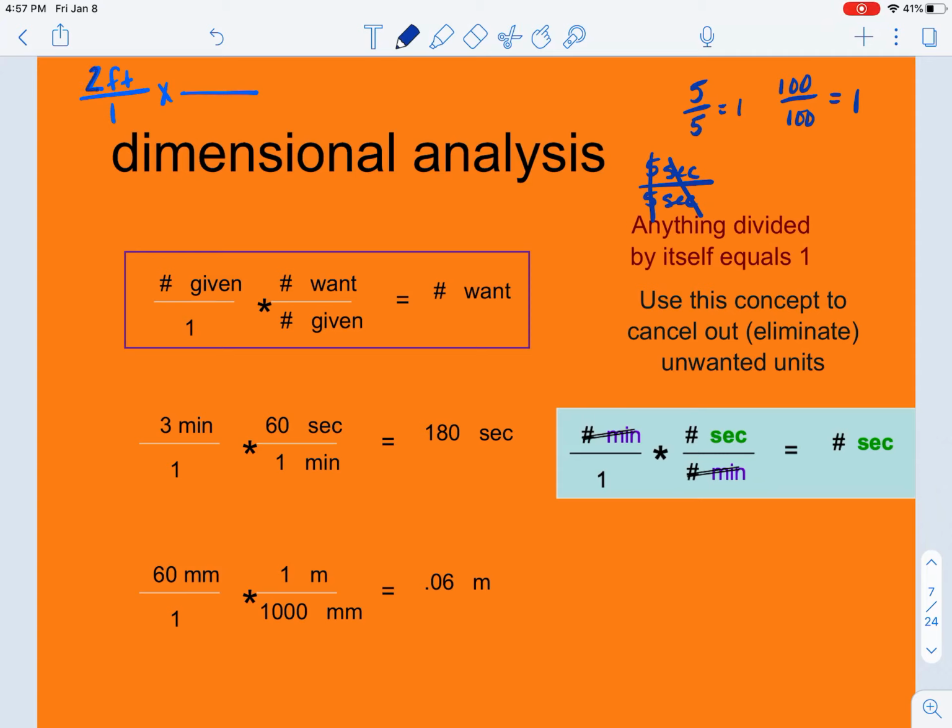So we have 2 feet, where feet is currently in the numerator. That means that I need to put feet in the denominator. This is going to allow me to have feet in both the numerator and the denominator once I multiply across, thus making it cancel out. I'm going to go from feet to inches, so inches goes in the empty spot, which in this case is the numerator.